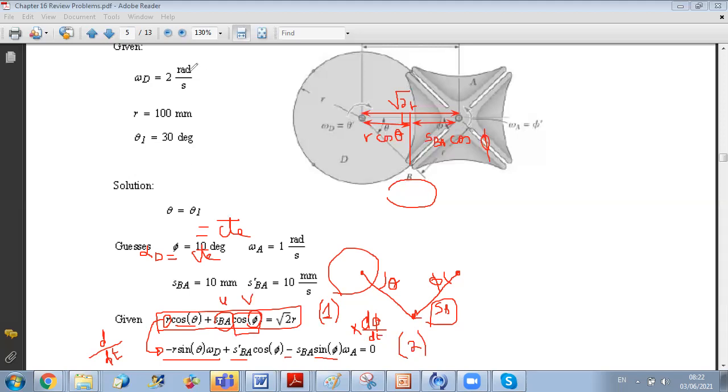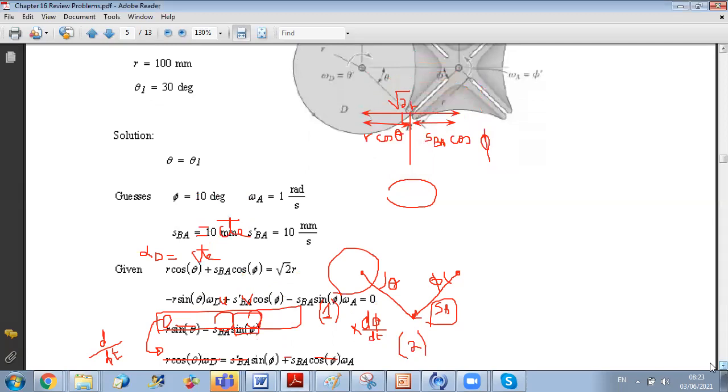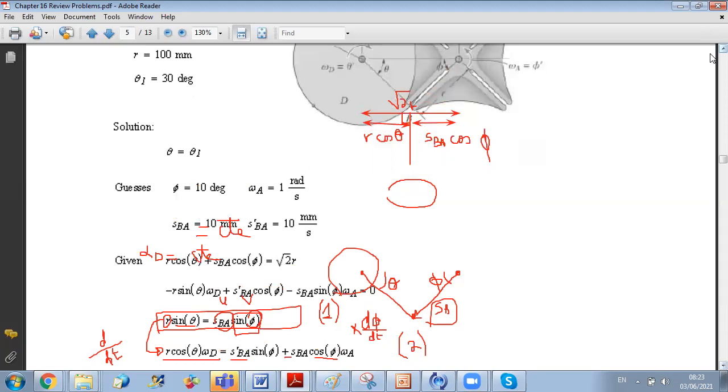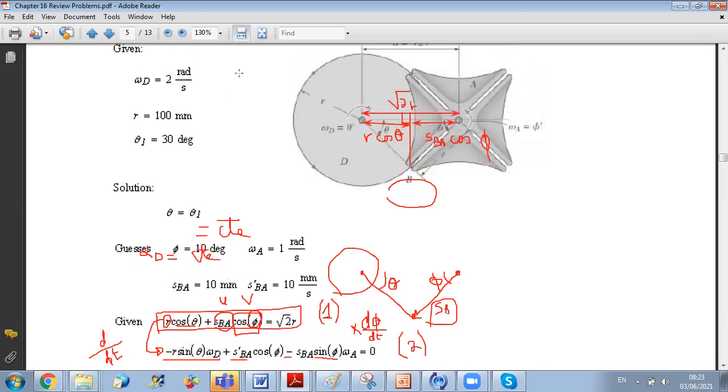Okay? Now, how to proceed? You know that these relations are not enough, because you have several unknowns. Let us state our unknowns. What are our unknowns? We just know theta.